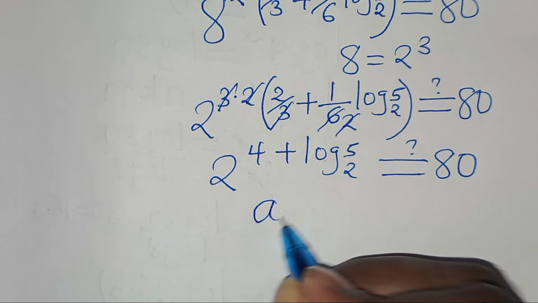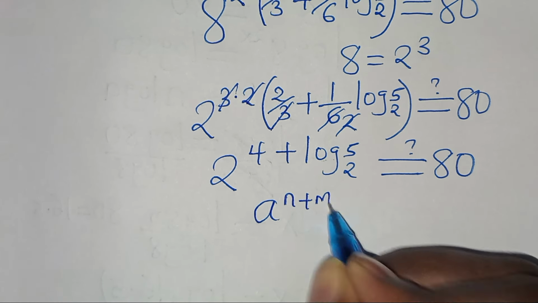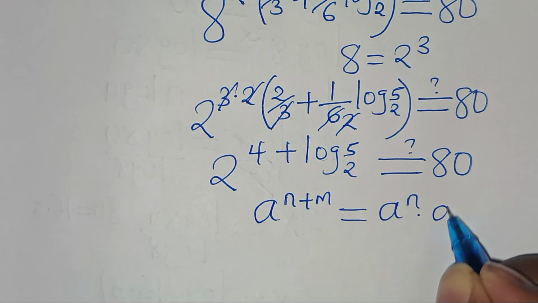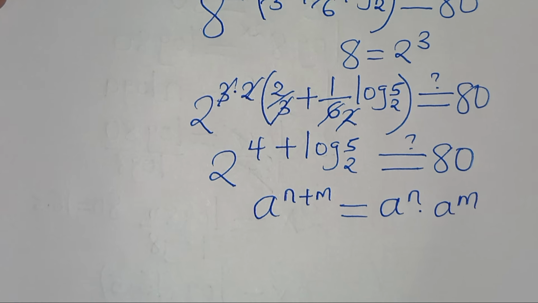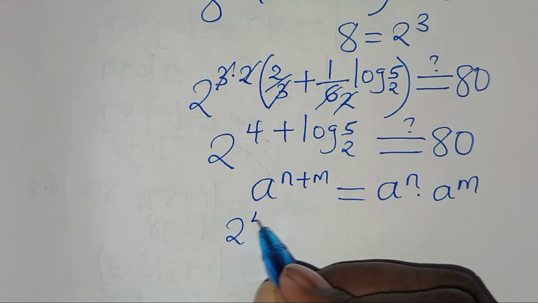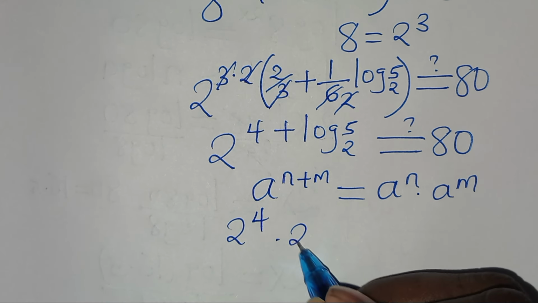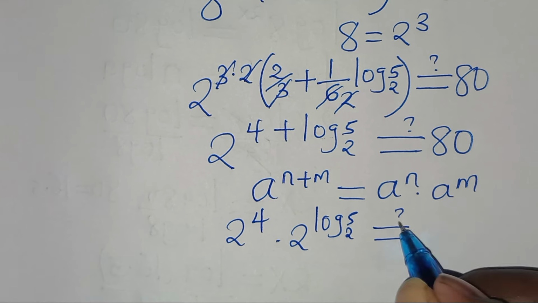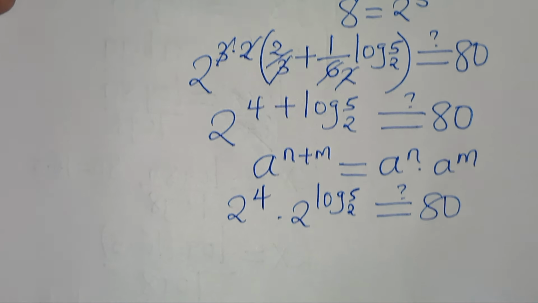This is in the form of a to the power of n plus m, which we can express as a to the power of n times a to the power of m. Applying this exponent property, we have 2 to the power of 4 times 2 to the power of log 5 to base 2. This should give us a value of 80.